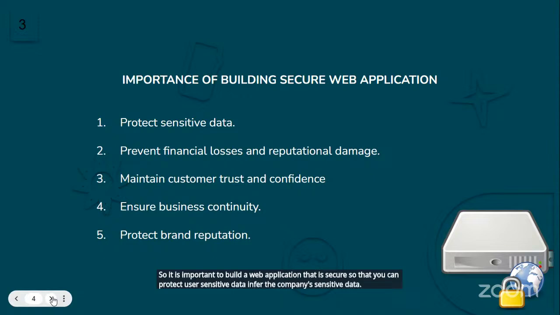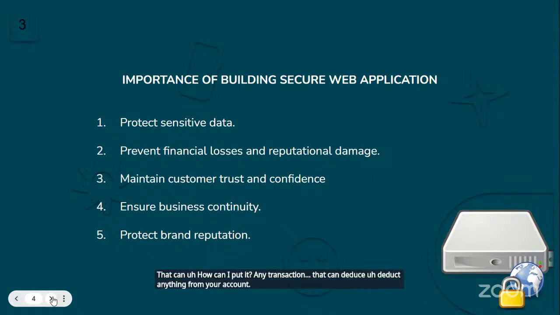So the second one is prevent financial losses and reputation damage. The aim of the attacker exploiting the vulnerability in your application is to steal your credit card numbers in order to perform operations on your card by withdrawing the money in it, or any transaction that can deduct anything from your account.